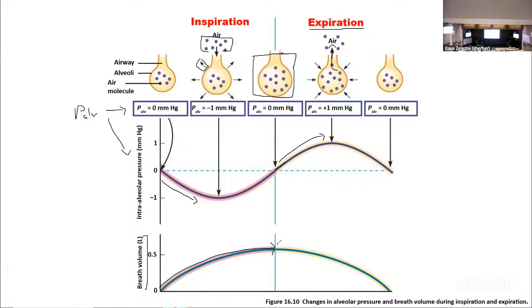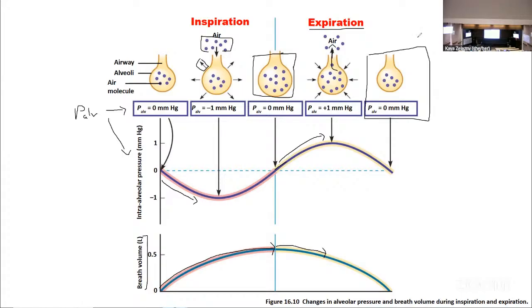And we can see that that brought our breath volume down. So this is why we're breathing out. Here we can see at the end of this, we are back to zero again with our alveolar pressure. It's a different-looking zero if you're looking at the pictures of the alveoli, but the same from a pressure perspective, because we've got this relationship between pressure and volume and amount of gas.